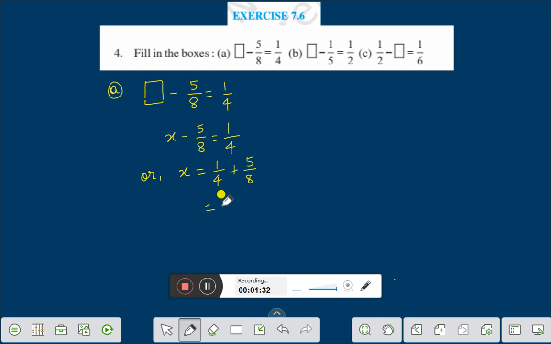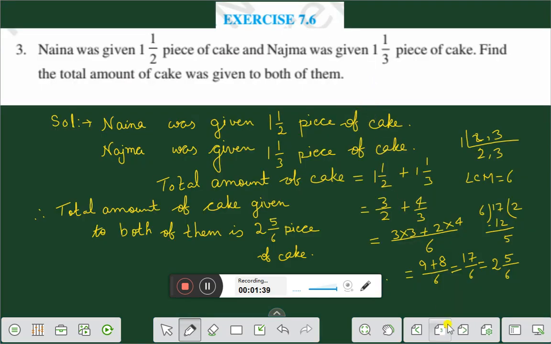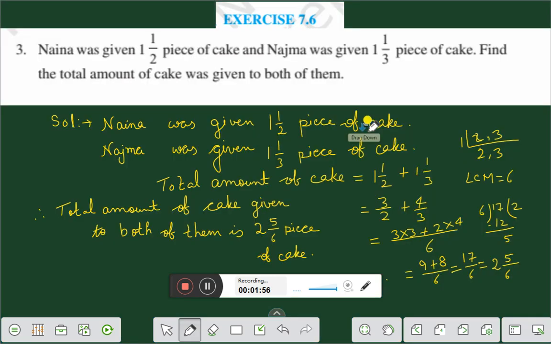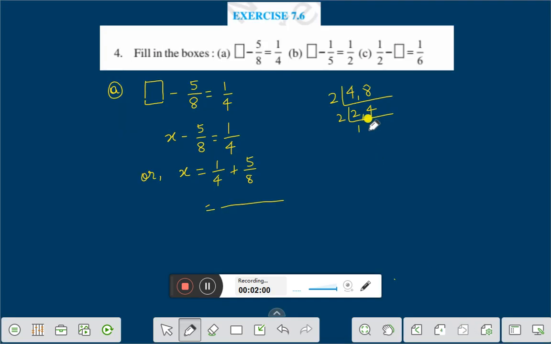We add this one. You have to find the LCM of 4 and 8. That is dividing by 2, we are getting 2 to the 4, 2 4 is 8, and again divided by 2, that is 2 1 is 2, and 2 2 is 4, and 2 2 is 4, right?